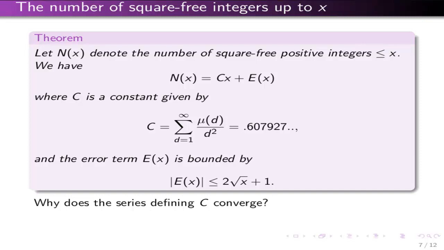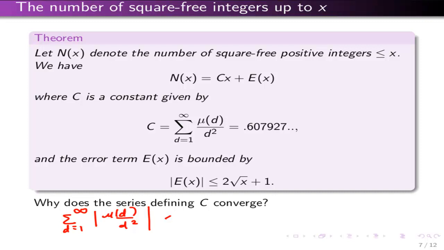Now, why does this series defining the constant c converge? Well, if we look at the absolute value of the terms inside, note that if you look at the sum from d equals 1 to infinity of the absolute value of mu of d over d squared, well, mu of d in absolute value is 1 or 0.